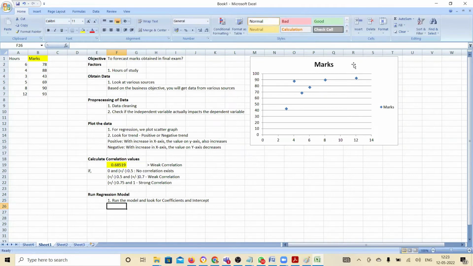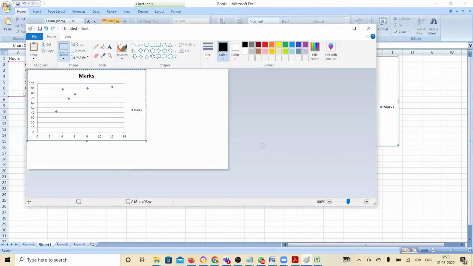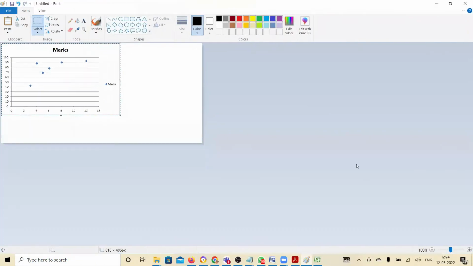Okay, so if you take this, okay, and let me put it on paint here. Okay. So the regression line is the best fit line that passes through all this data, that represents all this data. So in this case, our regression line would be something like this. Regression line is the line that actually predicts.